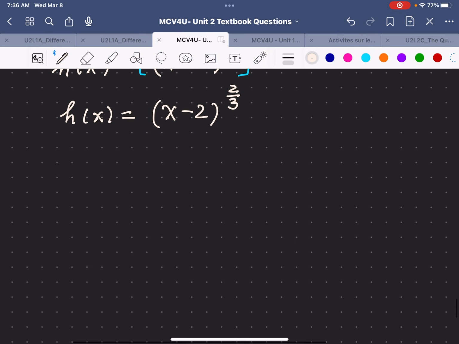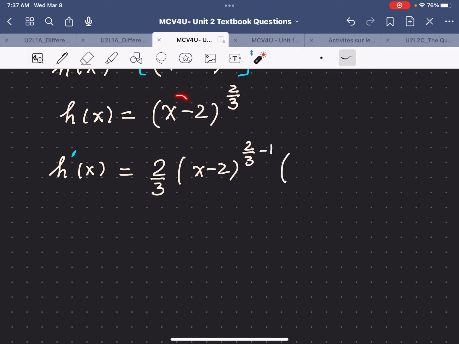Now we can start differentiating this function, and we'll say that the derivative of h would be equal to, notice that here we have the power rule with a little bit of a chain. So that means we have 2 over 3, we have x minus 2 to the power of 2 over 3 take away 1, and then the derivative of the inside.